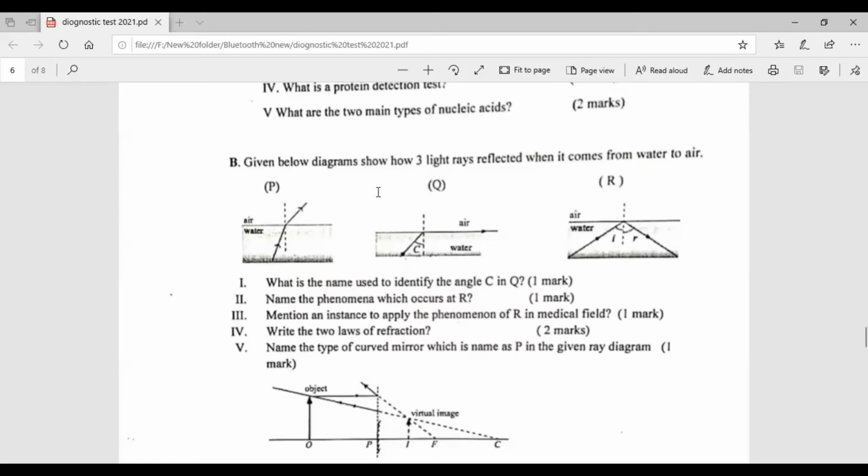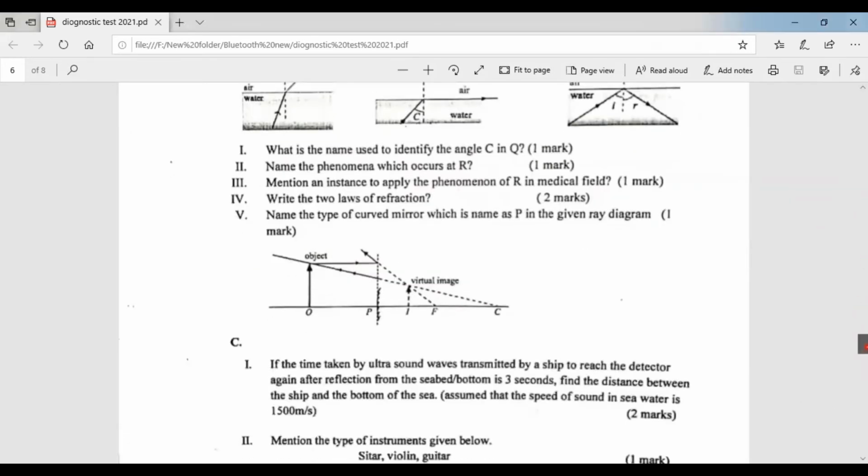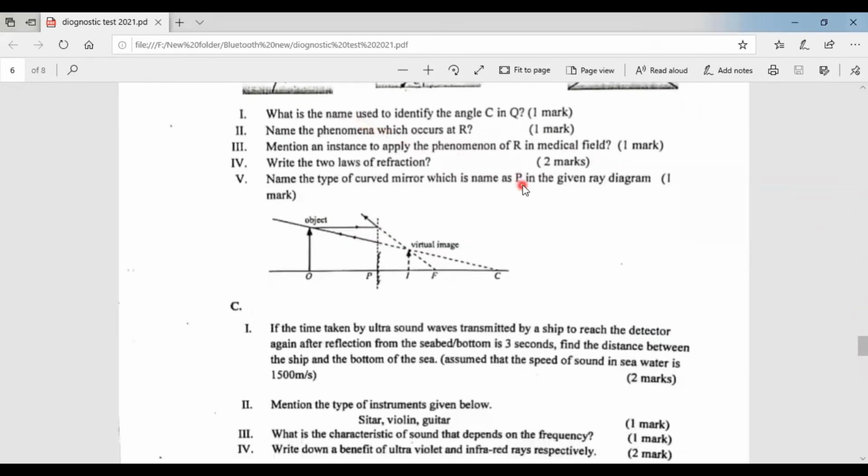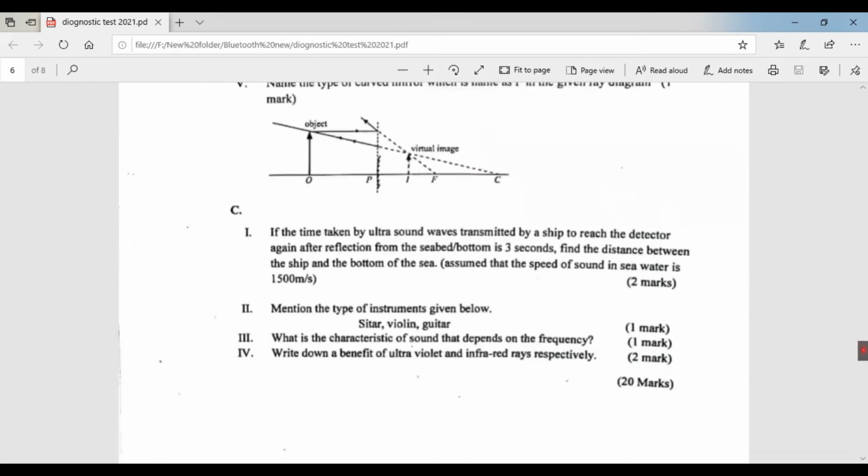This constant is called the refractive index of the second medium with respect to the first medium. Name the type of curved mirror which is placed as P in the given ray diagram. This curved mirror should be a convex mirror. Then you can draw the ray diagram like this.